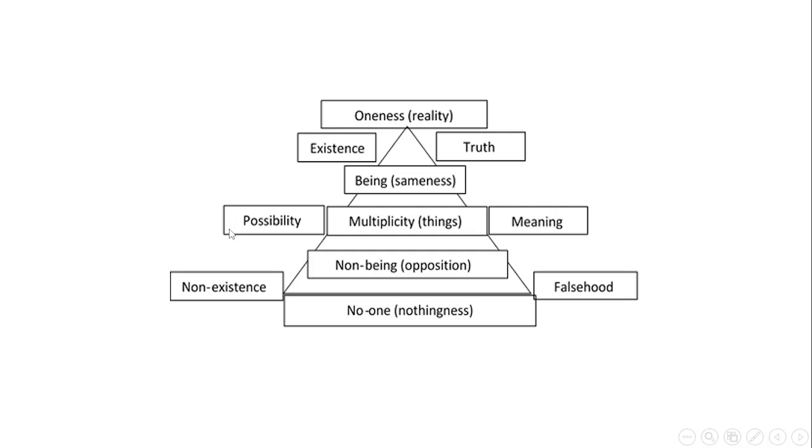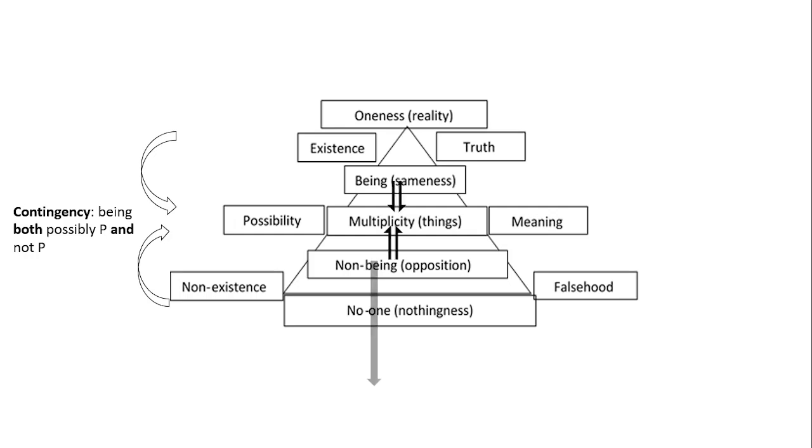From existence to possibility would be possibly P, and from non-existence to possibility it would be possibly not P, which is being both possibly P and not P. This is called contingency. In the middle column it would be becoming, because becoming is being and non-being at the same time, so being plus non-being equals becoming.